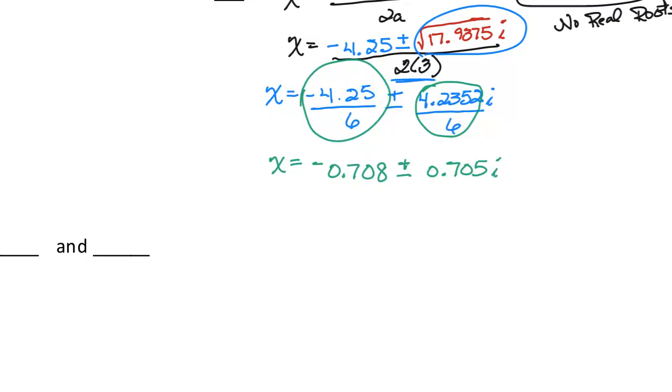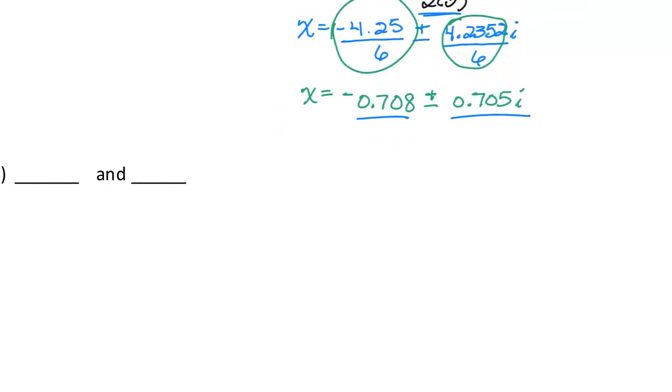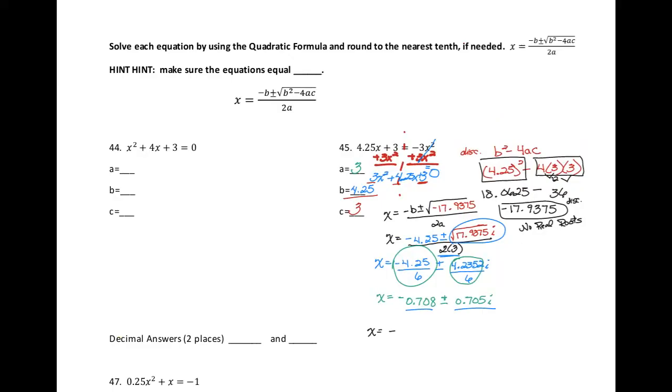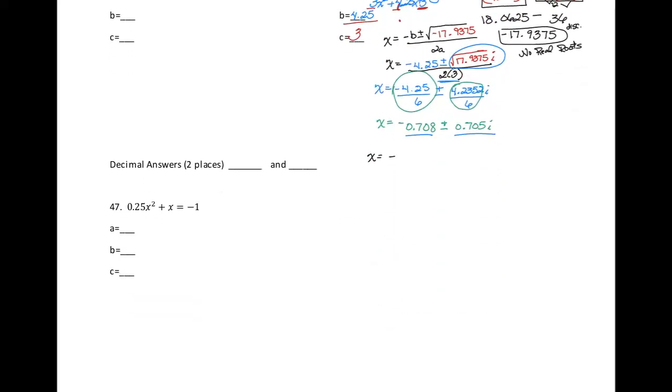You cannot add together this plus this because this is an i, imaginary number, this is a real number. So your final answer is x equals negative, and they tell us to round it to the nearest tenth.